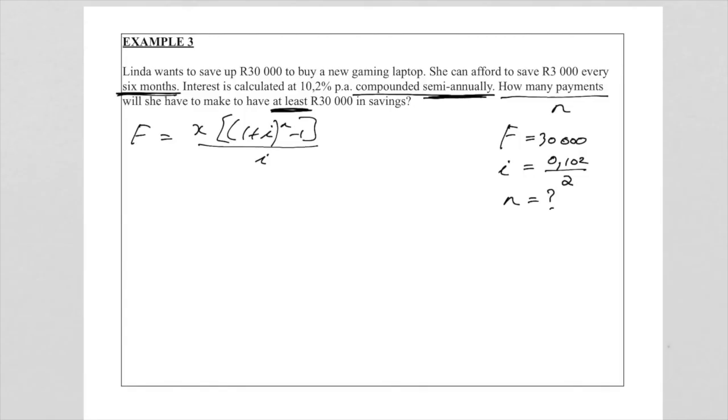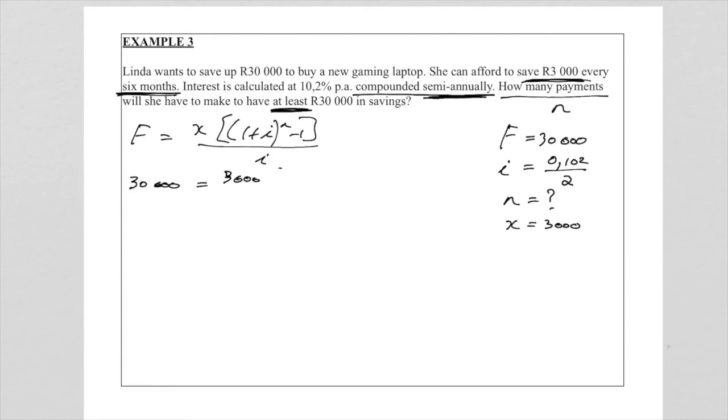And now we substitute. My F is 30,000. X is what we want to know. No, sorry, X was given to us. That was, sorry, for 3,000. I almost missed that. So our X is 3,000 Rand. So she will pay 3,000 Rand every payment. Her aim is to get to 30,000.